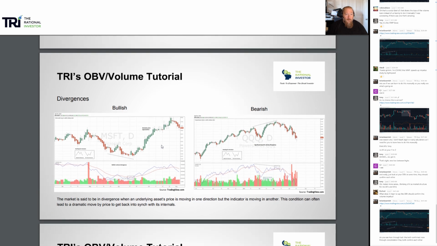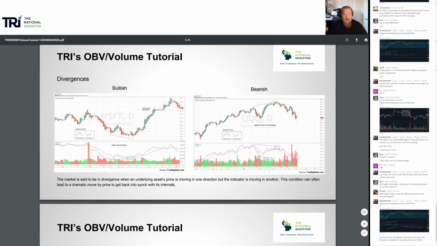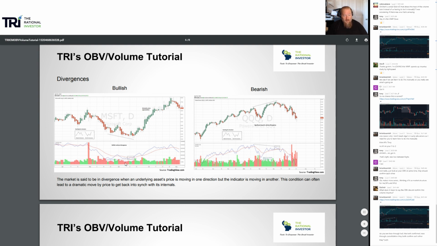Now, also keep in mind the idea of divergence. We talked a little bit about this with RSI, and we're going to talk about it more as we go through MACD and Willie. We look for this in basically all of our indicators. What we're looking for is market structure to give us an idea of trend, right?